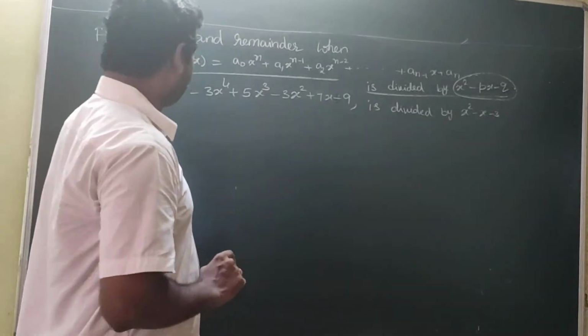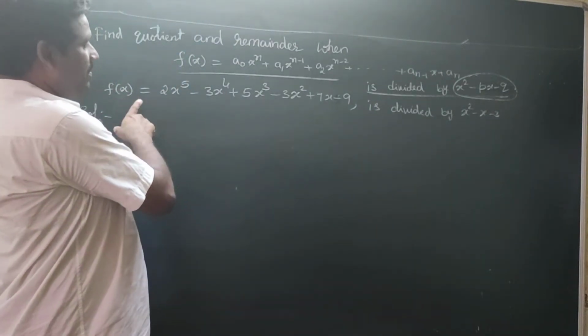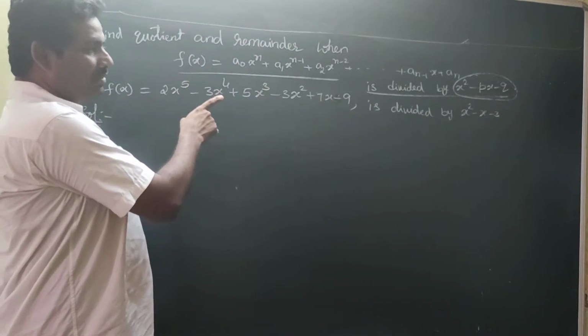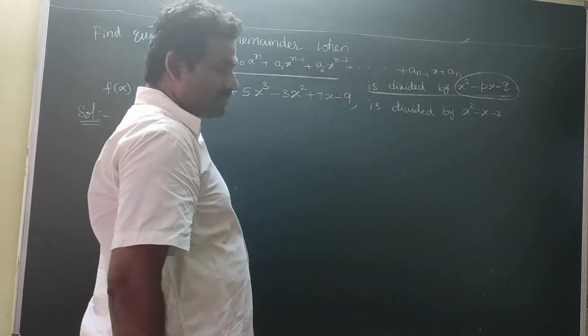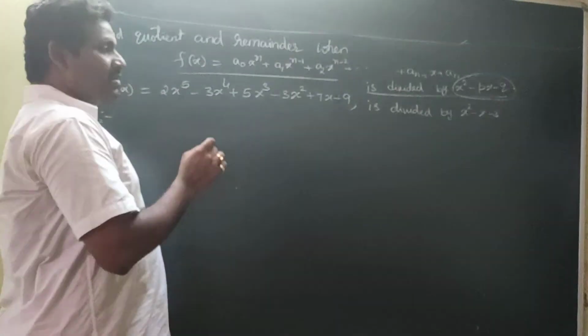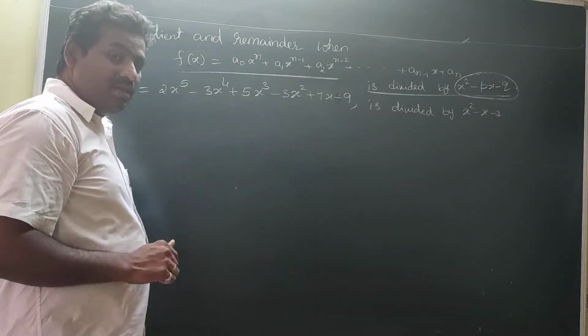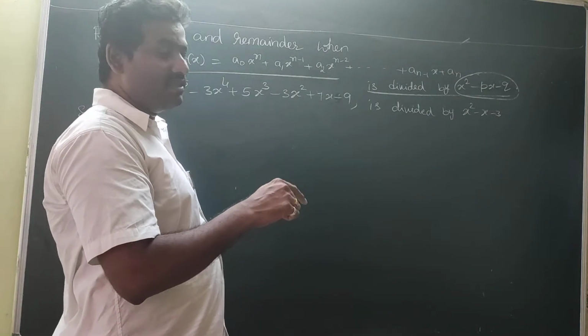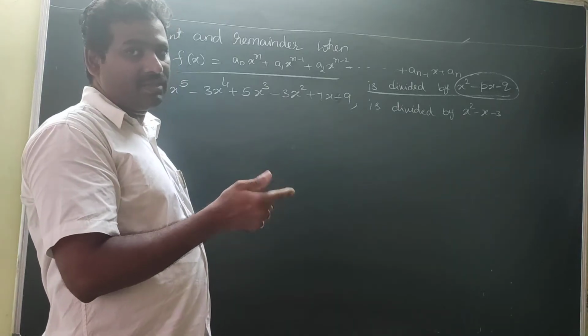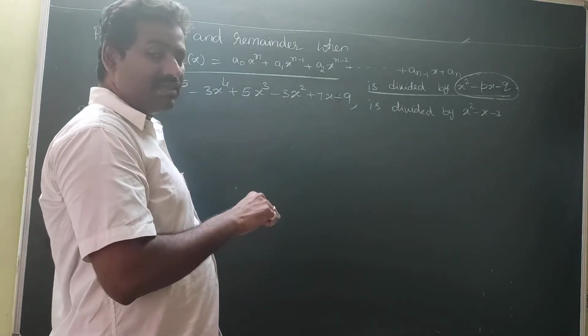And see the process. f of x is a polynomial of degree 5 and we are dividing with x square minus x minus 3. So this is a little bit different from the first one. In the first one we divided with x minus 4, x plus 2 like that. That is degree 1, so that is the easy method.